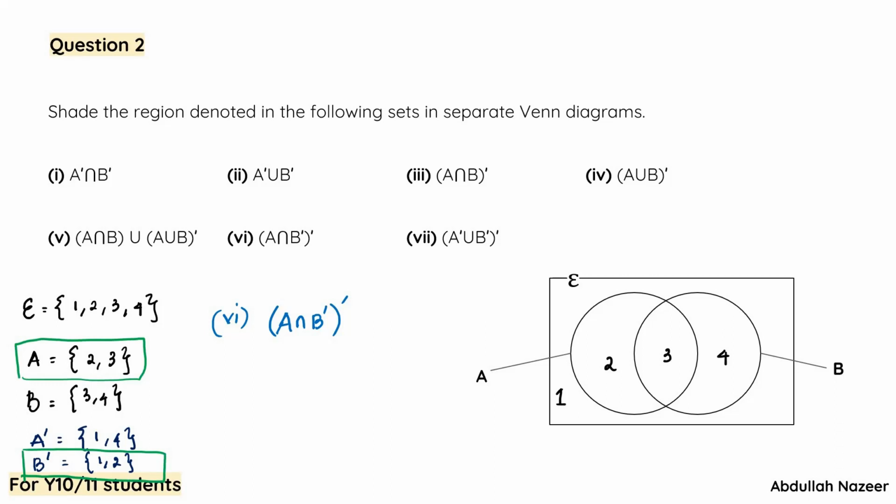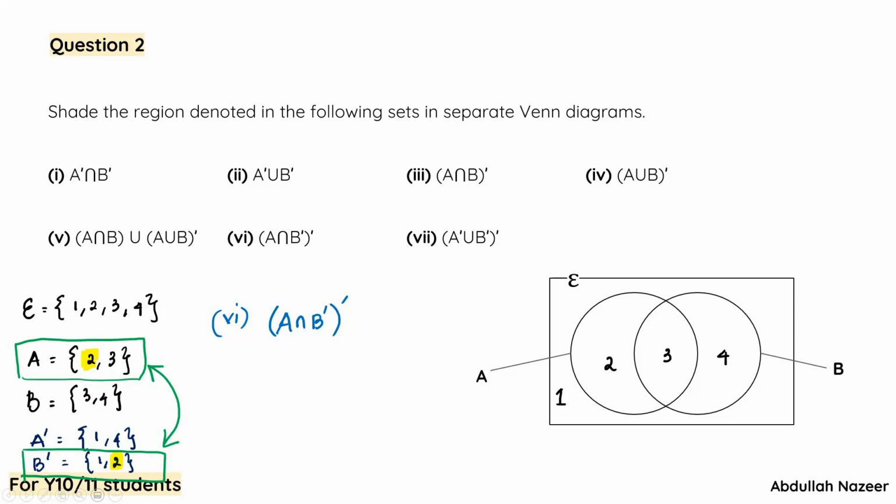We need to find what's common between these two sets, and you can clearly see the number 2 is common between them. We have 2 in both these sets.